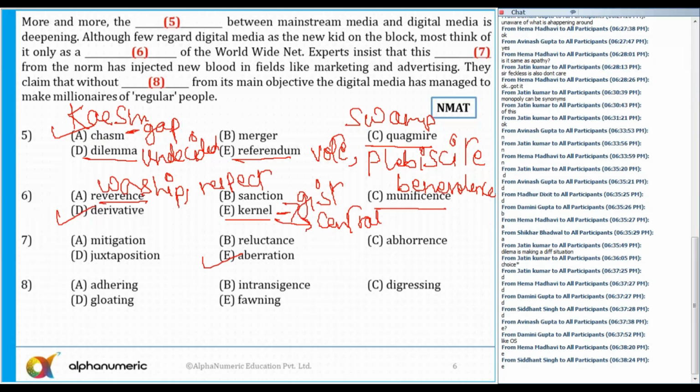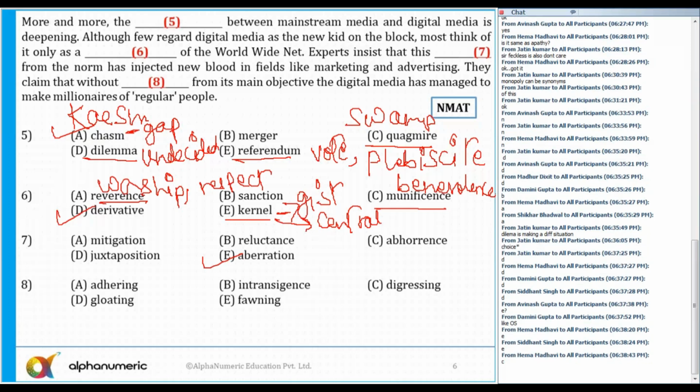They claim that without dash from the main objective, even though it is straying from the norm, you are not digressing from the main objective. Digressing means divert. Without diverting from the main objective, digital media has managed to make millionaires of regular people.